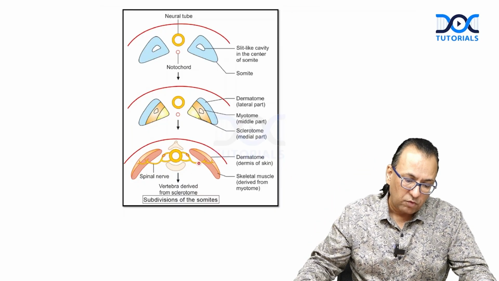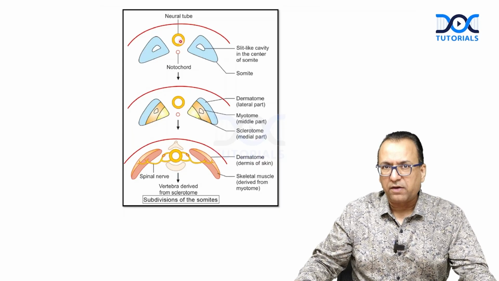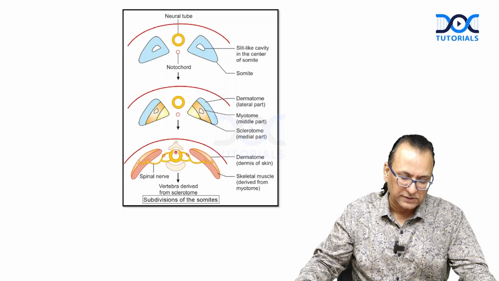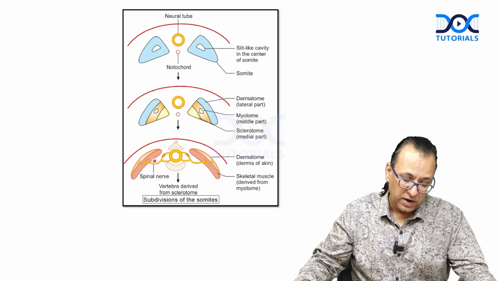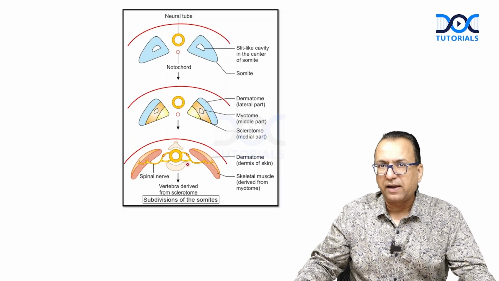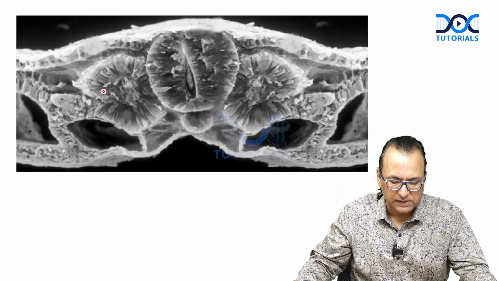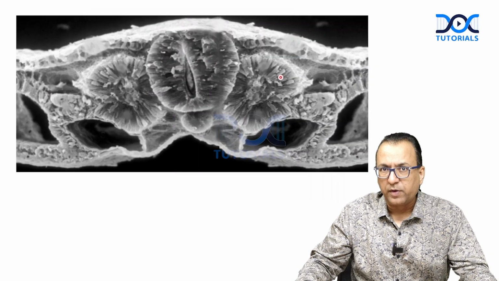See, normally what we have is the neural plate ectoderm forming neural tube forming the spinal cord, and spinal cord is then protected by the vertebra, which came from the sclerotome. But if there is an open neural tube defect, the vertebra will also be open, which is called spina bifida defect.